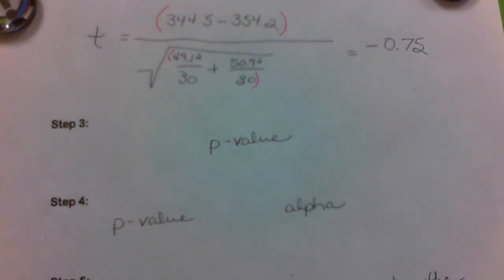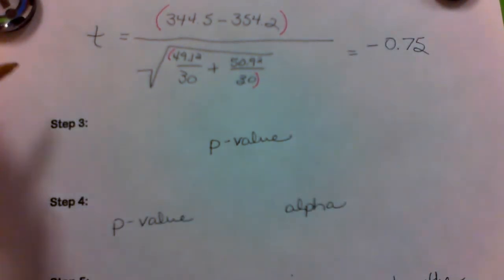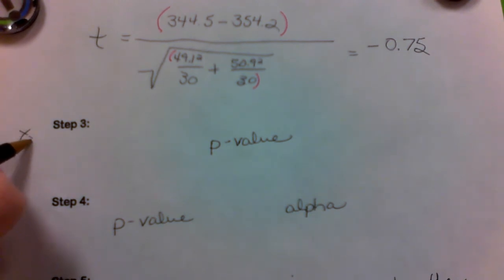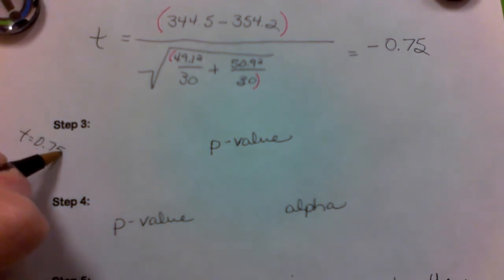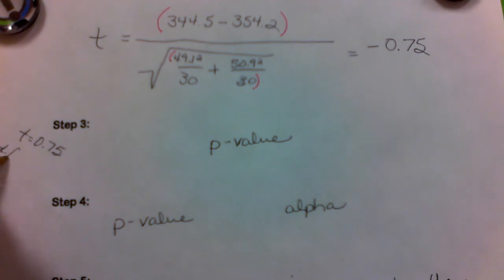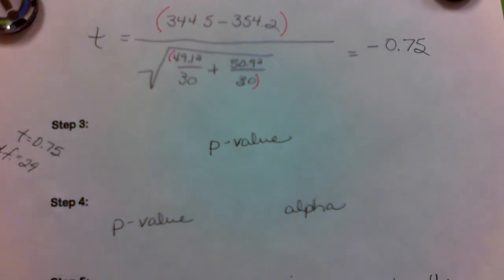Now, when we go to the student's t-distribution, step 3, remember there are no negative values. So just for using the table, I'm going to look for 0.75. I need the df, which is n minus 1. Both of my n's were the same size, so 30 minus 1 is 29.